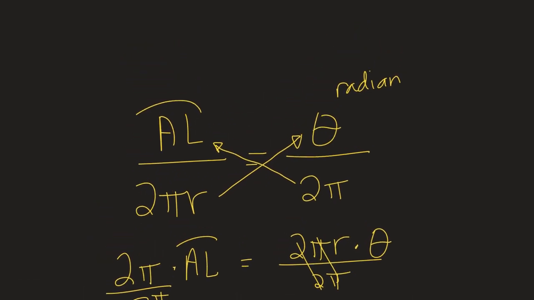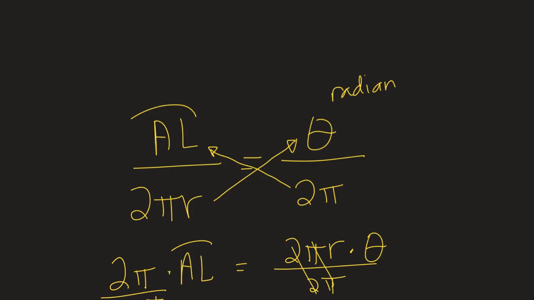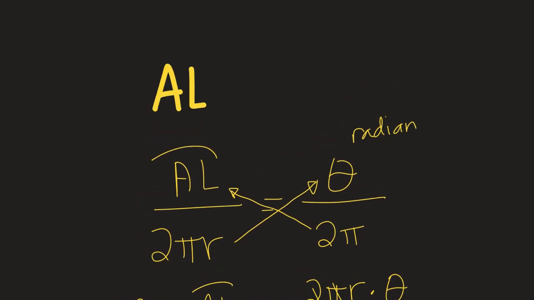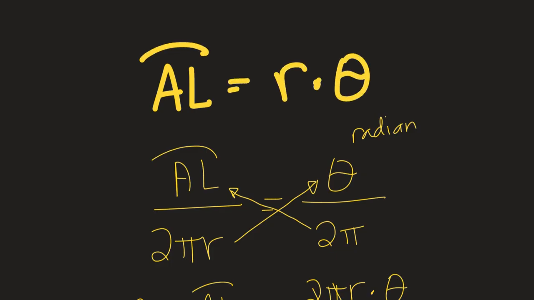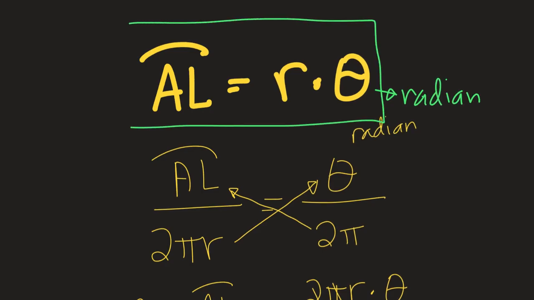I get a simple formula that says the length of your arc equals the radius times the angle, as long as the angle is in radians. This angle has to be in radian angle measure in order for this formula to work. This super simple formula: r times radian angle.